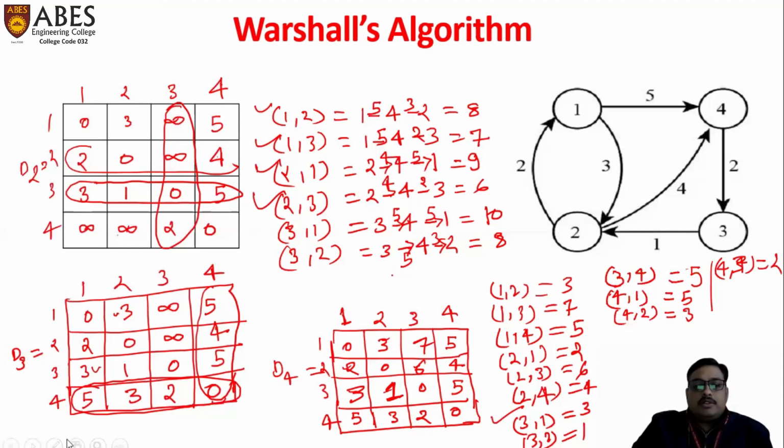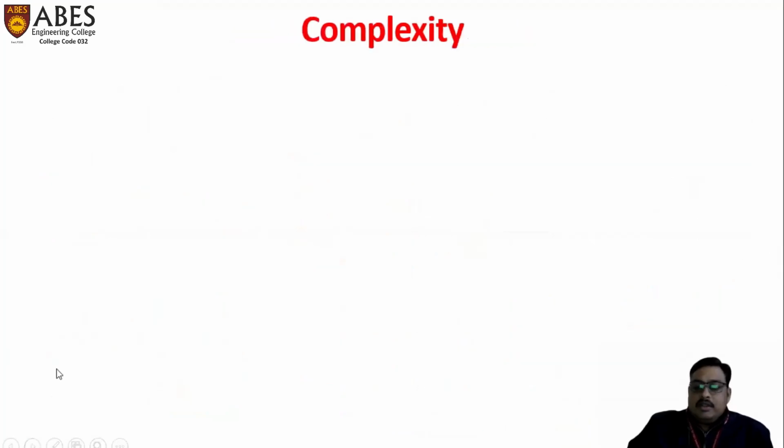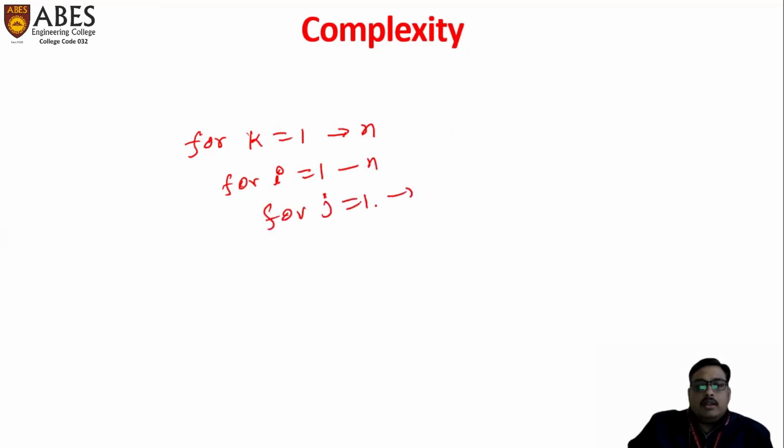So what will be the complexity of this algorithm? So if we see, here we have a loop for k equals 1 to n. And within this, we have a loop for i equals 1 to n, and for j equals 1 to n.